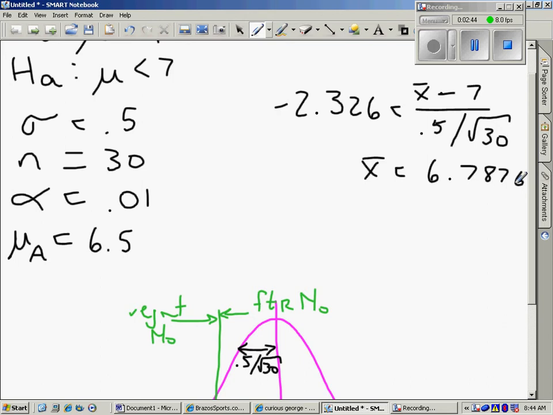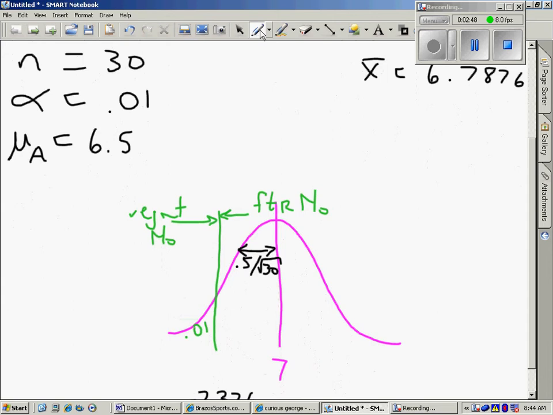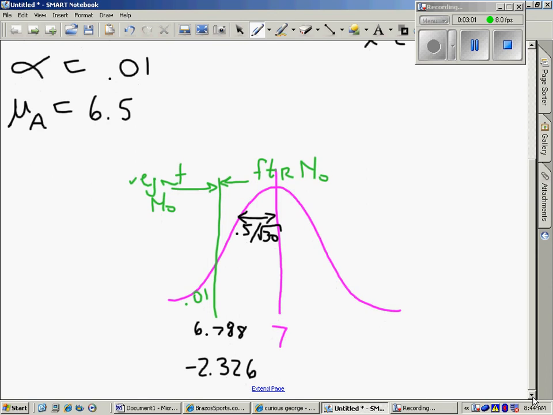That's where my cutoff is in terms of x. So this number here is 6.788. Yeah? Now what?